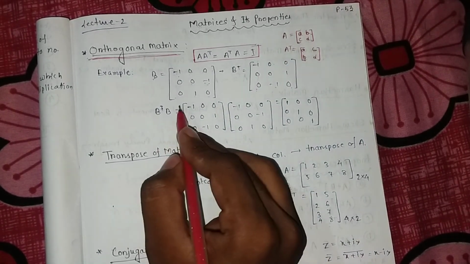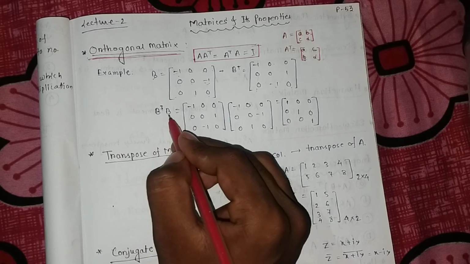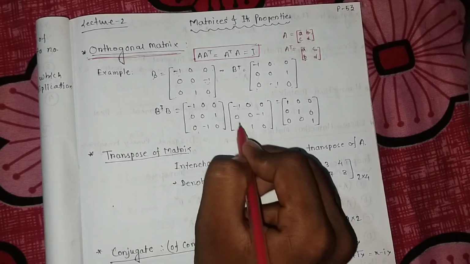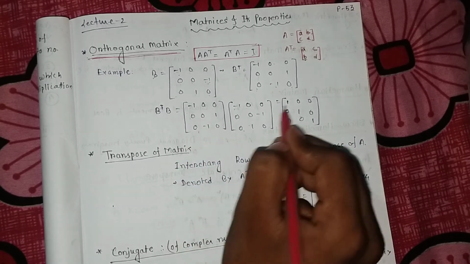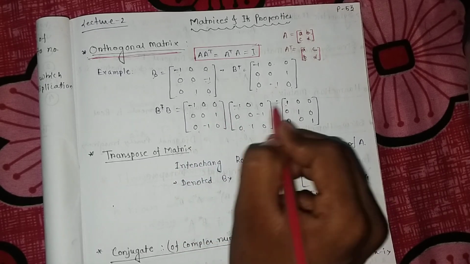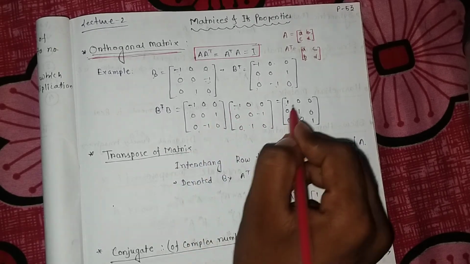Now in previous classes we already saw how multiplication is done. So B transpose into B, this is the B transpose matrix, this is the B matrix. Now multiplication of this: minus 1 times minus 1 is 1, plus 0 plus 0, that is 1. Then this row and this column if you multiply, then this is 0.